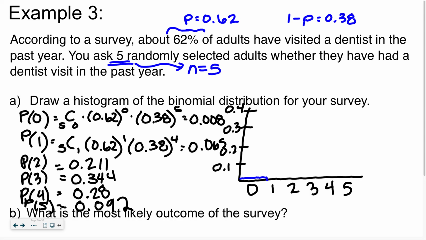And then 0.065, maybe something like that, 0.21, something like that, 0.34, something like that, 0.28, something like this. And 0.092 would be close to 0.1, so it's a little bit under that.